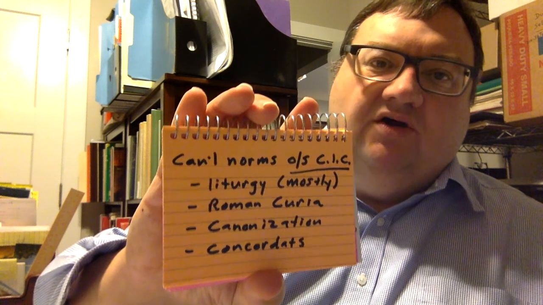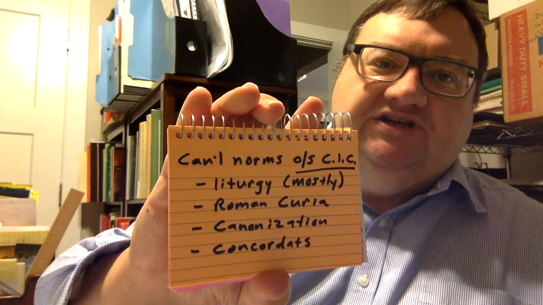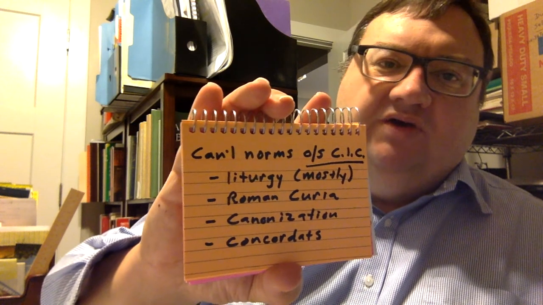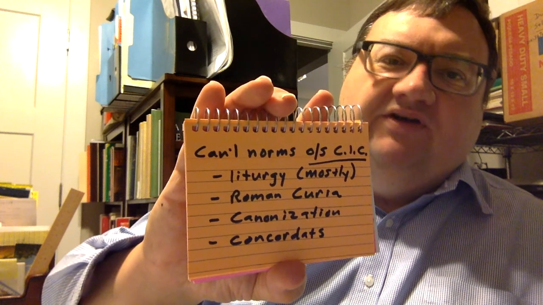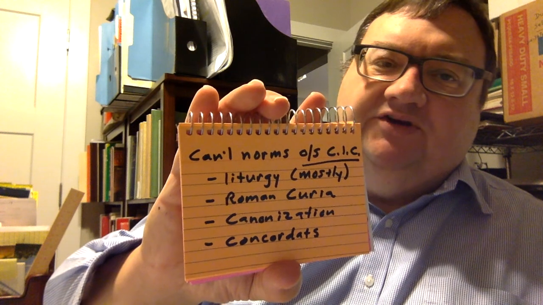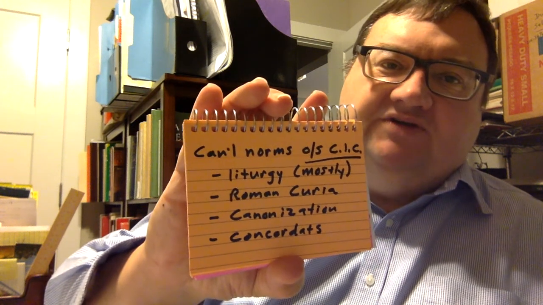CIC, again, is the code, Codex Juris Canonici, so there are canonical norms or legal norms outside of the code. Liturgy is a very important area. The code does talk about liturgy, but most liturgical norms are outside the code.